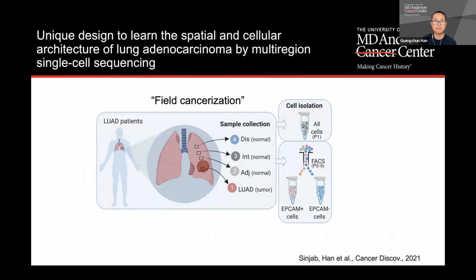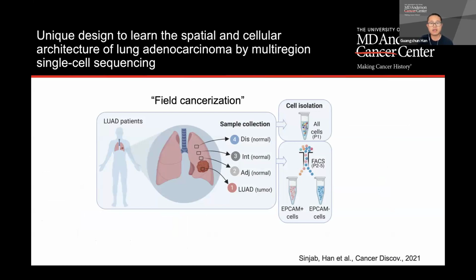Then I want to give another brief introduction of what we have done previously, focusing on the lung cancer project. This slide shows the unique sample design for the study we performed on lung cancer.